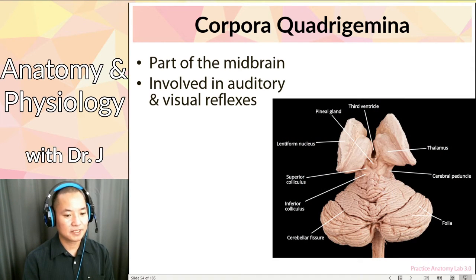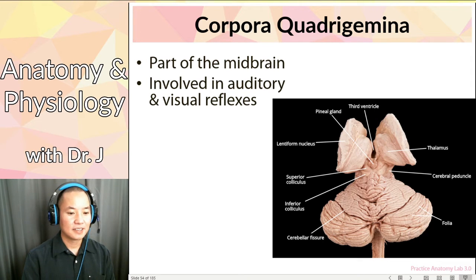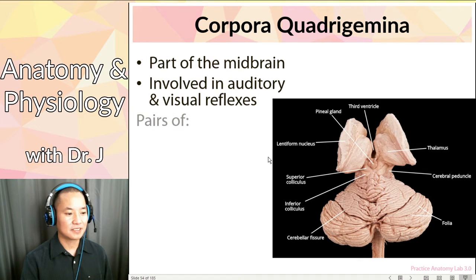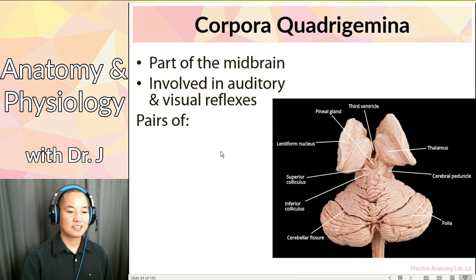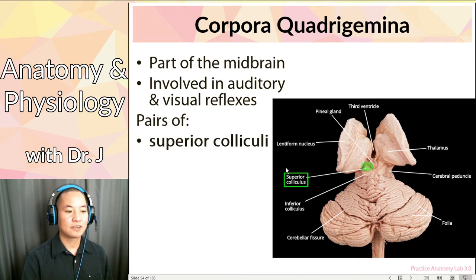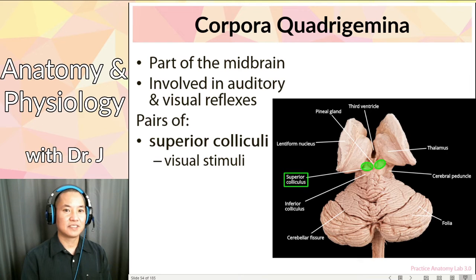Now here we have a human brain. And here, where are the corpora quadrigemina? There are pairs of things we call the superior colliculi. Colliculus is singular. Superior, again, is above. So what are they involved with? Well, they're involved in processing visual stimuli and reactions to visual stimuli.